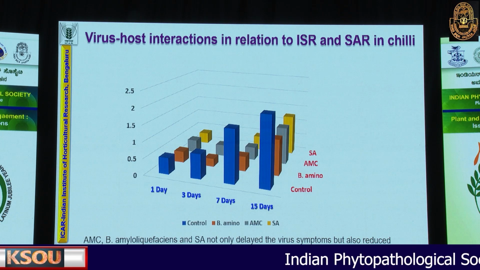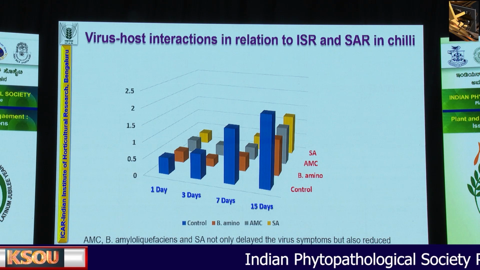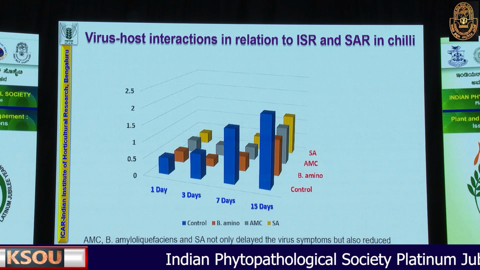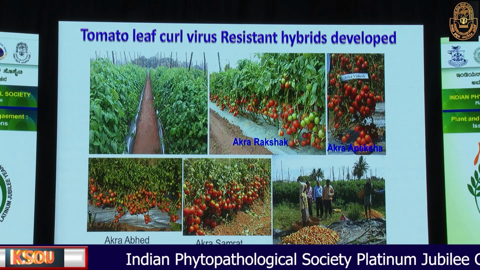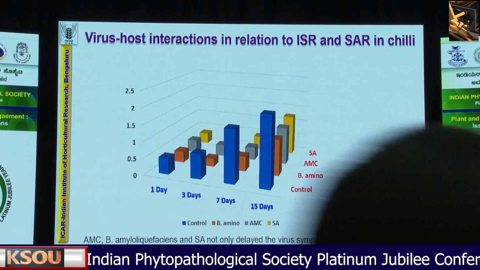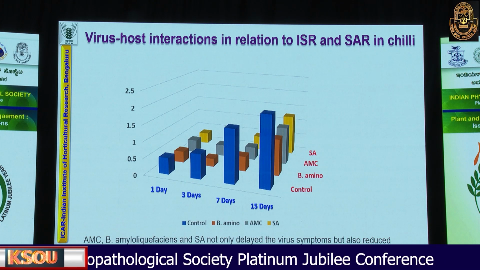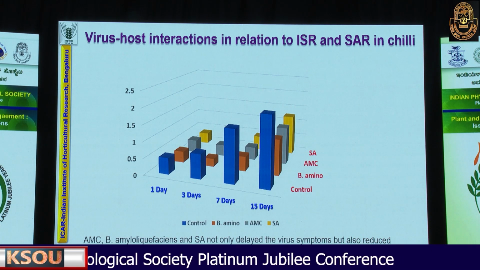In our case, we worked in chili with three viruses: chili leaf curl, cucumber mosaic and chili veinal mottle virus. We applied salicylic acid and a plant-growth-promoting bacterium, and then a combination microbial formulation.